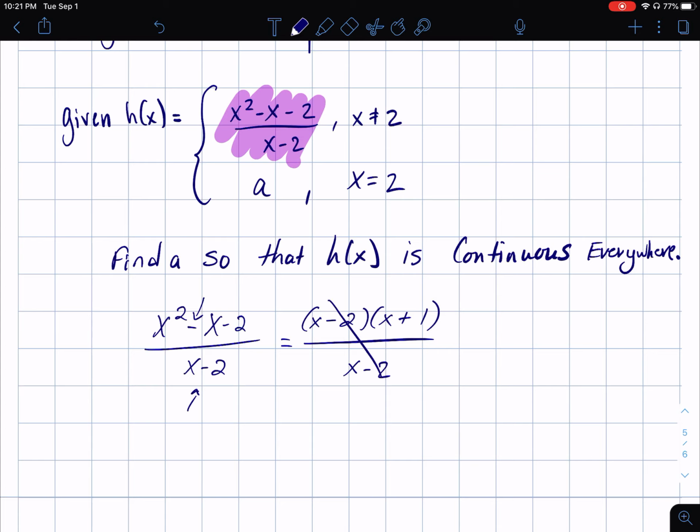So these are going to cancel, and I get x plus 1. So what I want to figure out is what is that y value at 2. So what's my limit there? And then that's going to be my a value. So if I take 2 and I plug it in to this x plus 1, I get 3.